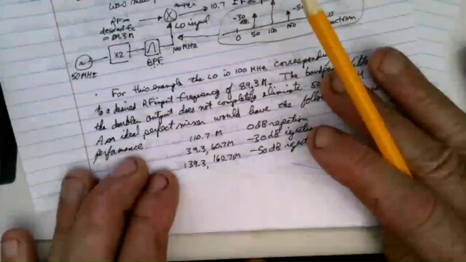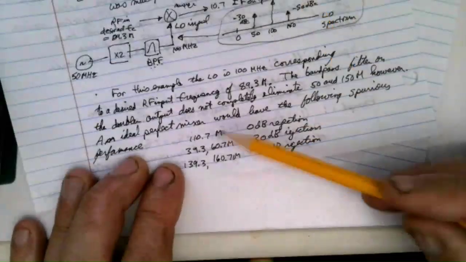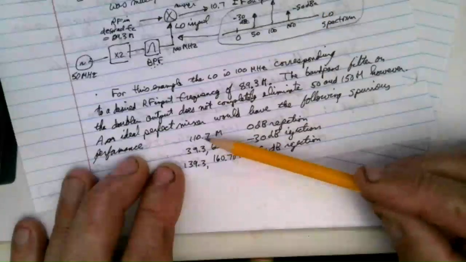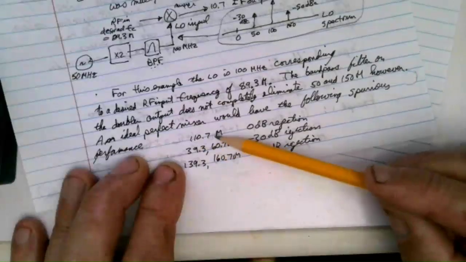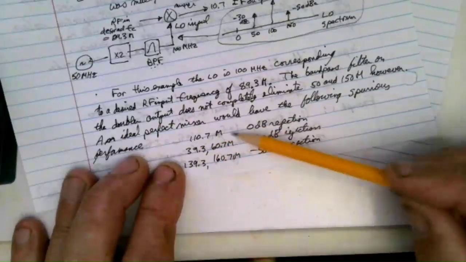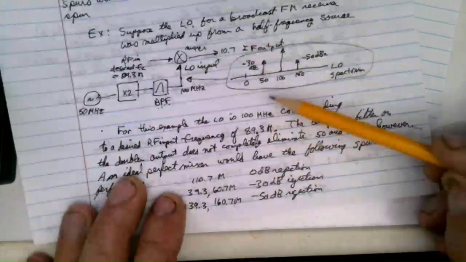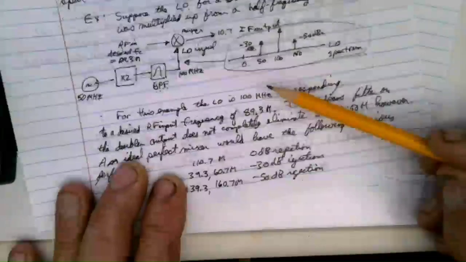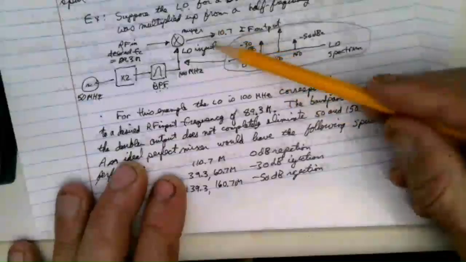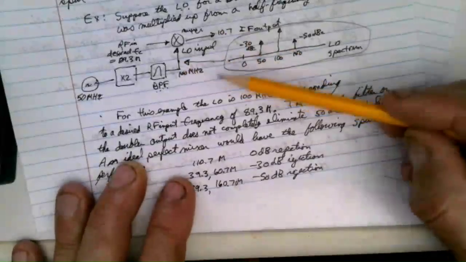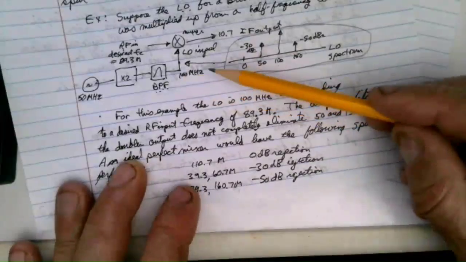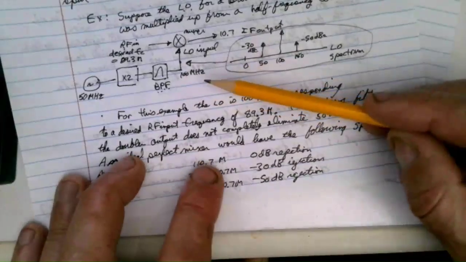First of all, the image at 110.7 meg has 0 dB rejection, and that's slightly out of band, because 108 is the upper band edge. So 110.7 is out of band.